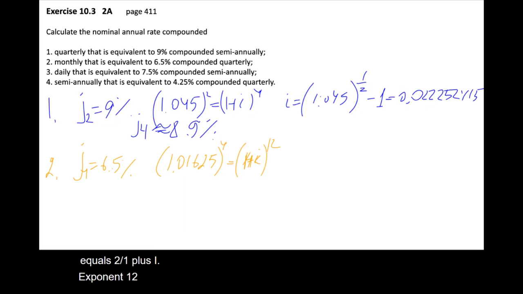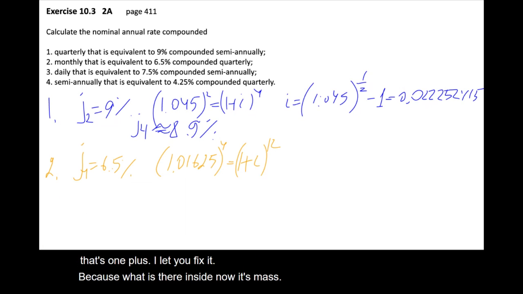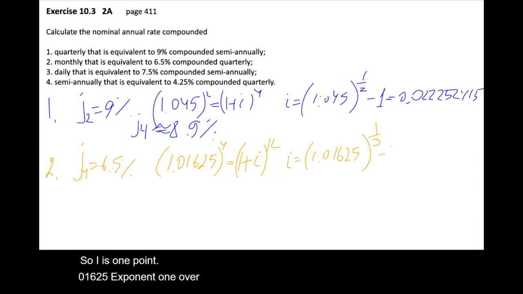Let me fix it, because what is there inside now is a mess. So 1 plus I. So I is 1.01625 exponent 1 over 3 minus 1.